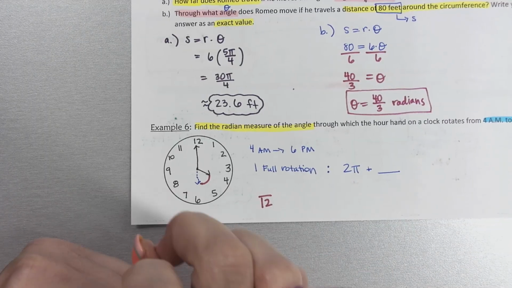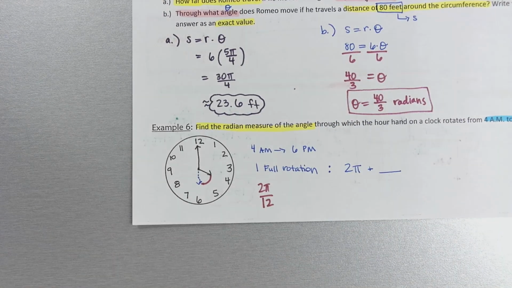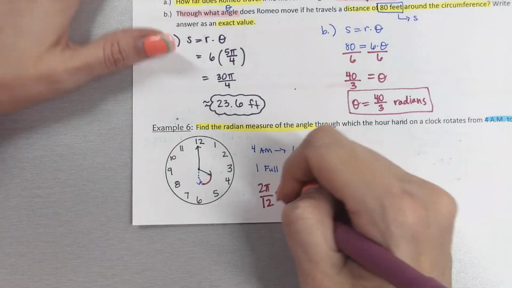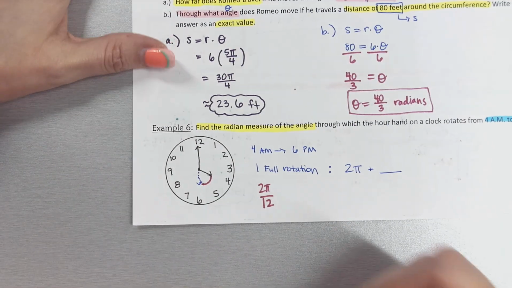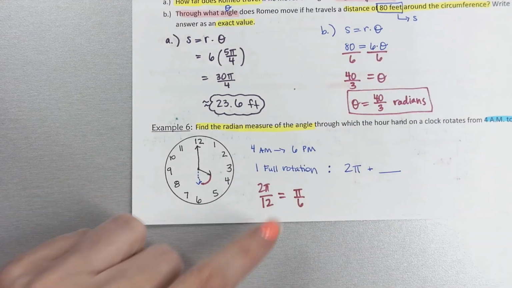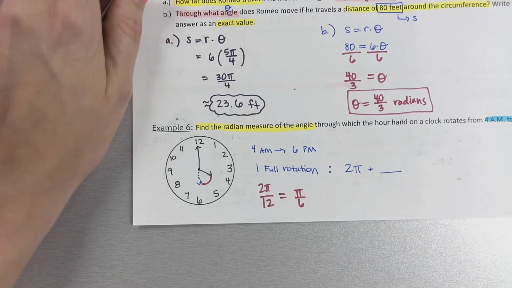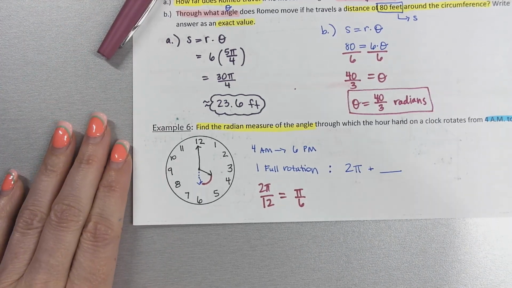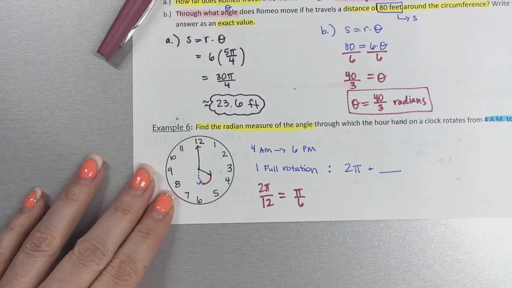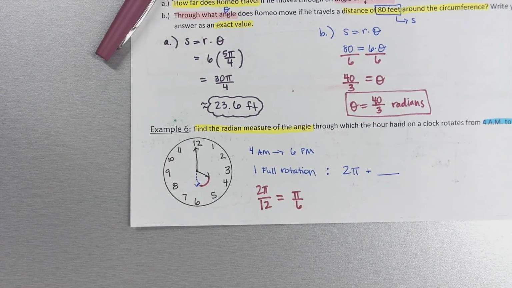So it's going to be 2 pi over 12. Okay, so when you have that full rotation of 2 pi and you divide it by 12, each little space is pi over 6, which is how many degrees? 30 degrees, okay? So if you had 2 of them, I heard somebody say 60 degrees earlier, it is equivalent to 60 degrees, and then you just have to write that in radians.